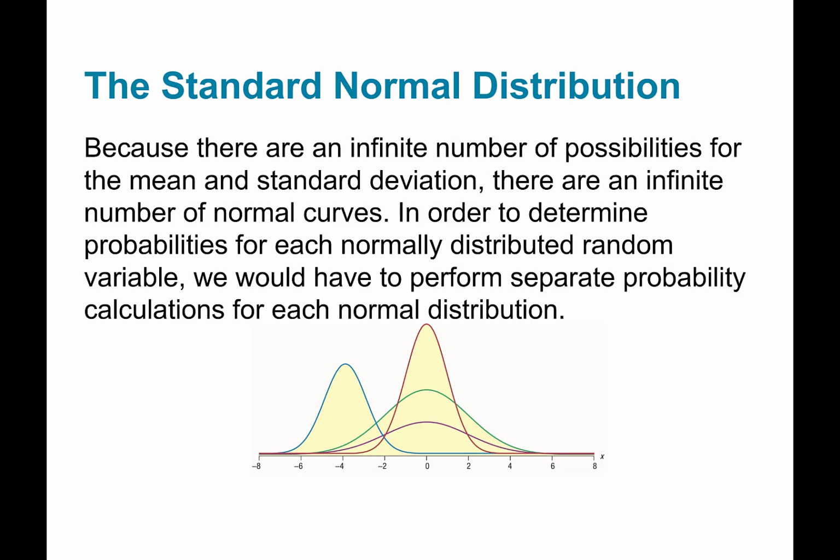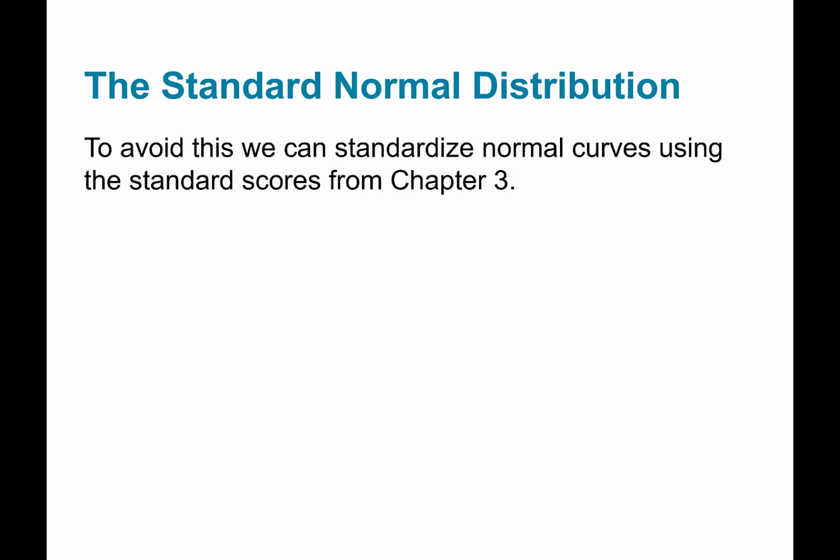So a solution to this is we essentially want to take everything to one normal curve where we already have the areas or the probabilities figured out. To do this, we're going to standardize our normal curves using our standard scores from chapter 3. Remember, this standard score, we also call our z-score.